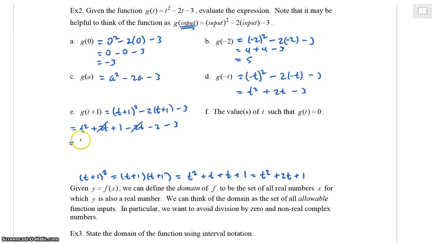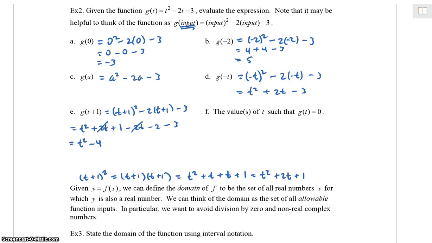So we would get t squared minus 4. And we can just leave it in that form. So again, we get an algebraic expression, but in this case, we did a little bit more in the way of simplification before we got our final result.